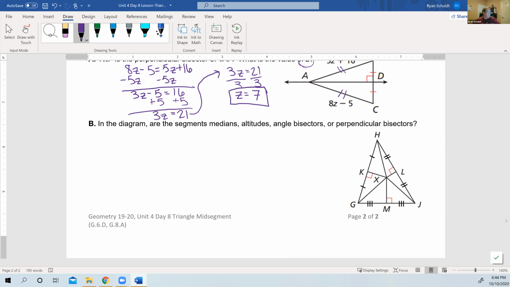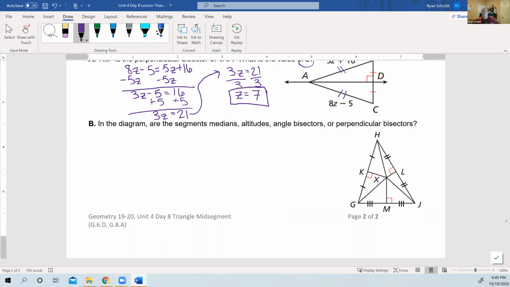Now let's look at B. B says in the diagram, are the segments medians, altitudes, angle bisectors, or perpendicular bisectors? Well, let's see what's going on here. Angle bisector, let's just start here.